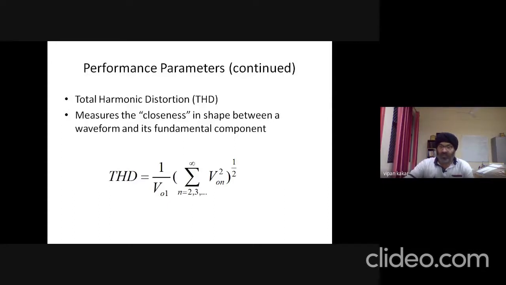That is the ideal case. But in practice, these components are not 0. For a high quality inverter, these values have to be very low, as low as possible or negligible. So we need to design our circuit in such a way.